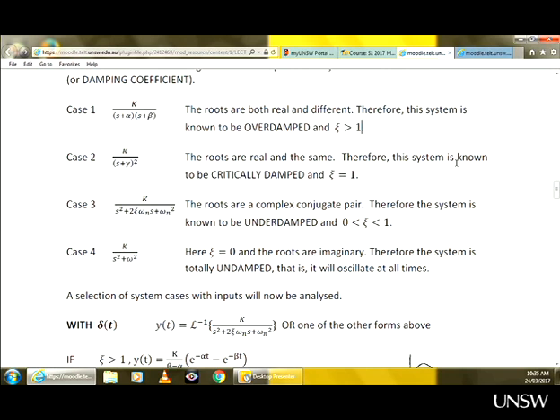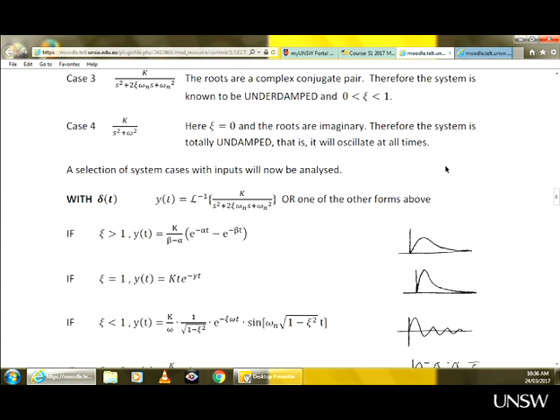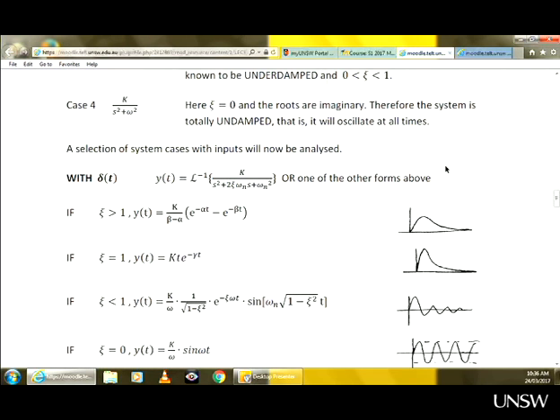And we already said we'll apply 4 different inputs. However, 4 different cases times 4 different inputs, that's 16 different combinations. We can't do everything. So we'll show some typical combinations and leave to you to just deduce what other combinations would yield as the output.